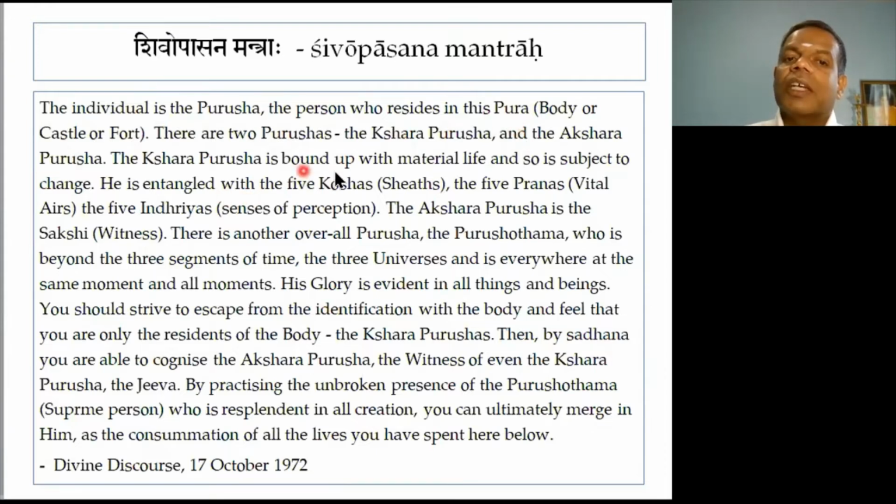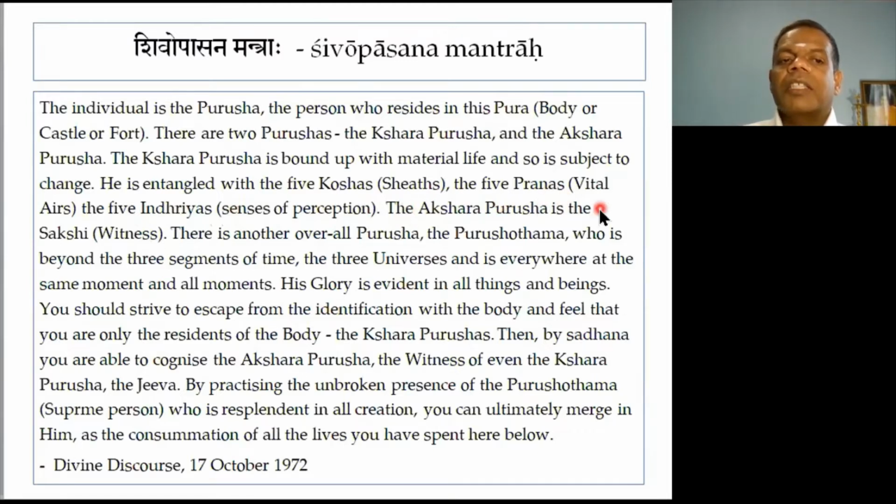There are two Purushas, the Kshara Purusha and the Akshara Purusha. The Kshara Purusha is bound up with material life and so is subject to change. He is entangled with the five koshas, sheaths, which are Annamaya, Pranamaya, Manomaya, Vijnanamaya, Anandamaya. Five sheaths.